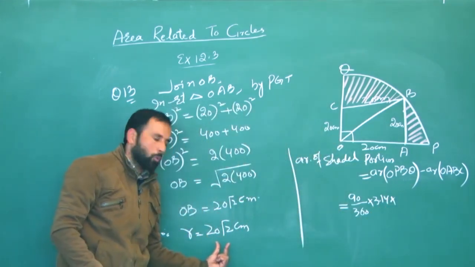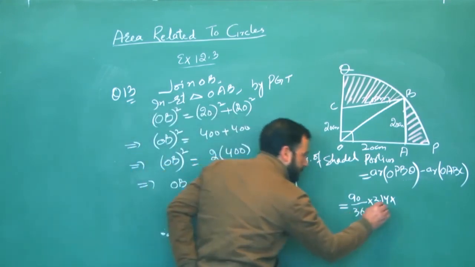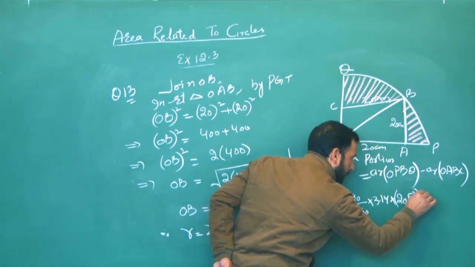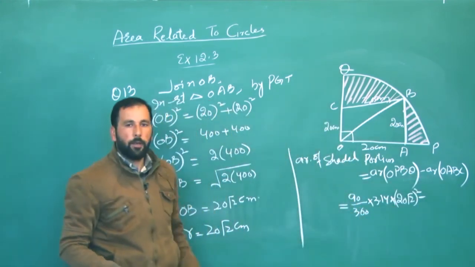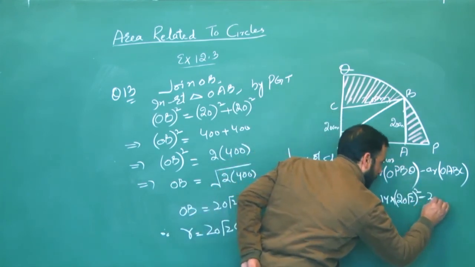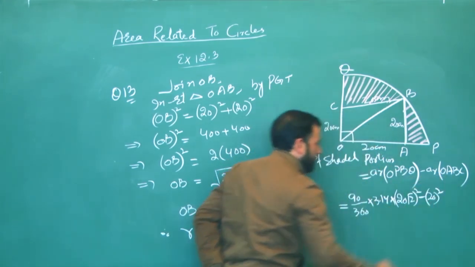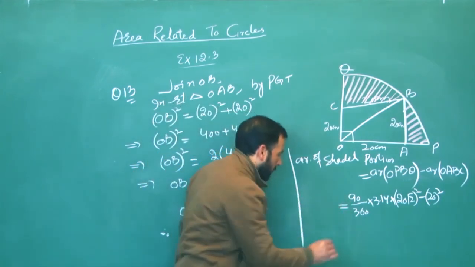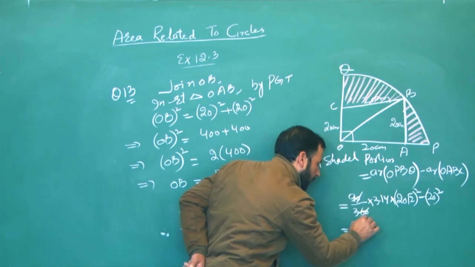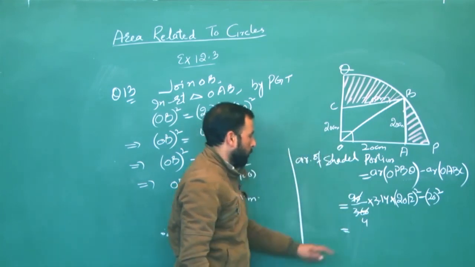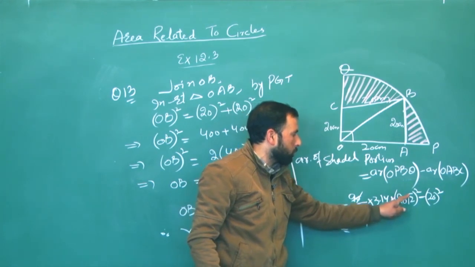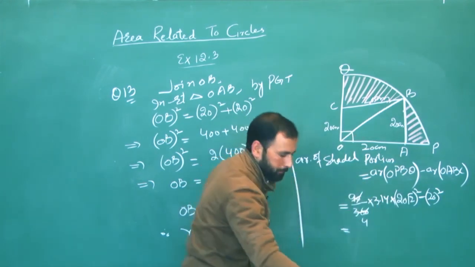R is 20 square root 2, so r square is 20 square root 2 whole square, minus area of a square, that equals side square. What is the side of the square? It is 20. We write it as 20 square. So we cancel out here: 90 over 360 gives 1 by 4. We get 1 divided by 4 into 3.14 into 20 square root 2 whole square.